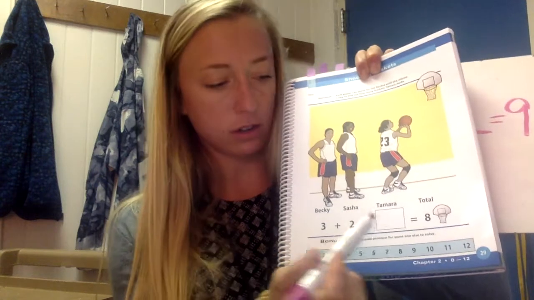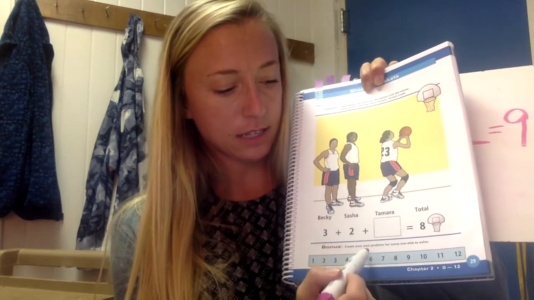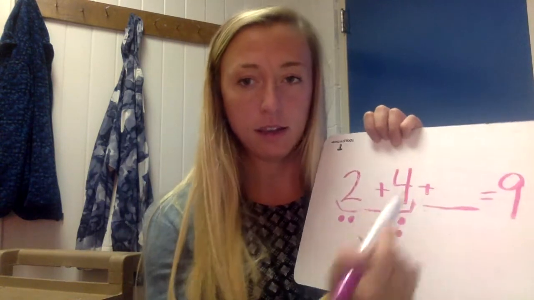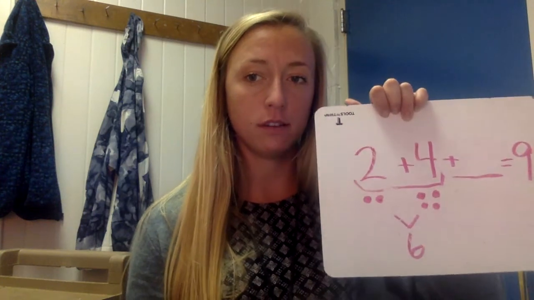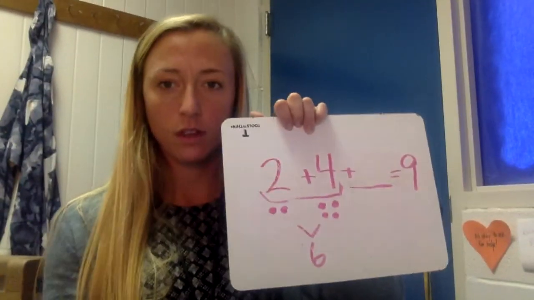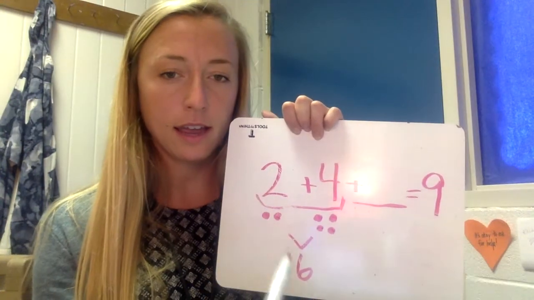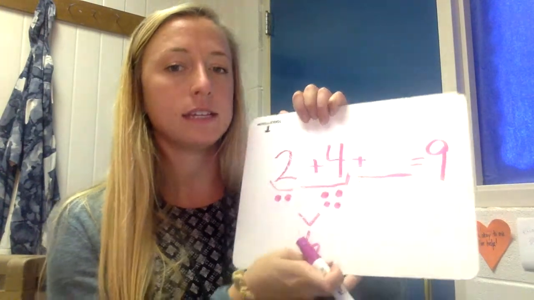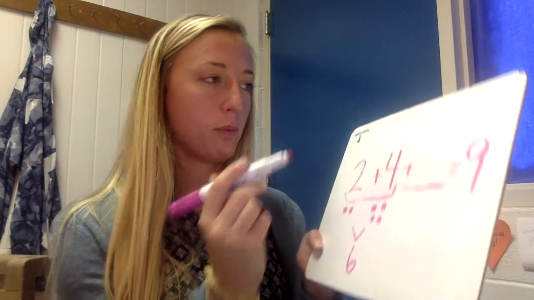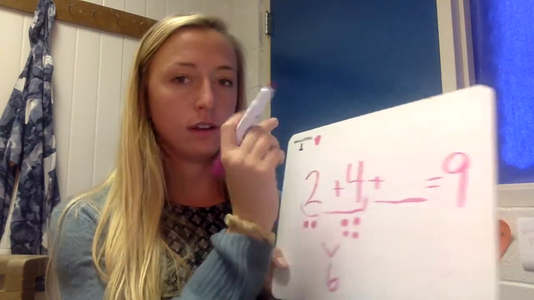Okay, 6, and we have to get to 9. So if we were doing it on the number line, we could start at 6, and to get to 9, you go 1, 2, 3. And I could put my 3 in here. But if you wanted to do it in the way of subtraction, we have 9, and we have to figure out in between 6 and 9. So what we could do is draw 9 dots.